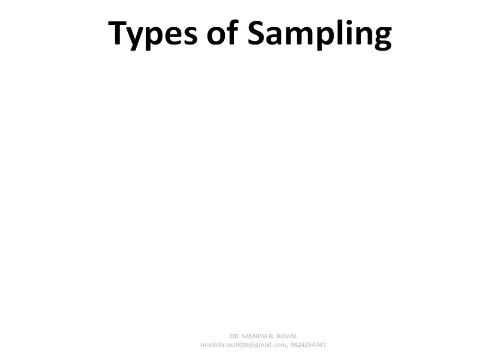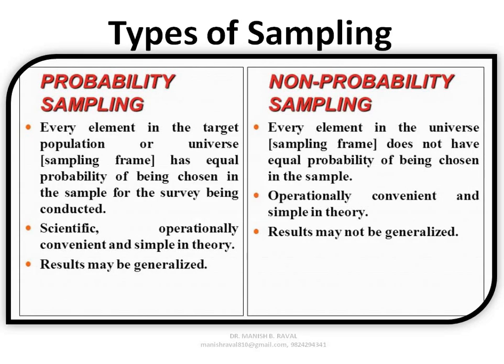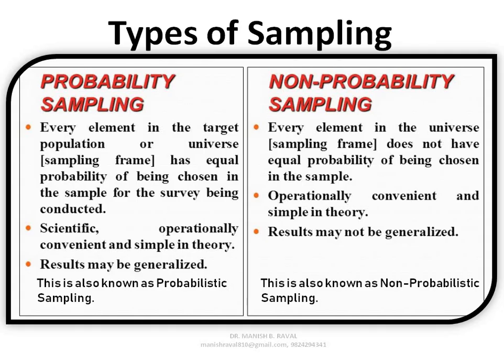Now let us see the types of sampling. As I said at the beginning of this lecture, there are two main types of sampling. One is probability sampling and another is non-probability sampling. Let us understand what we mean by probability sampling and what is non-probability sampling.